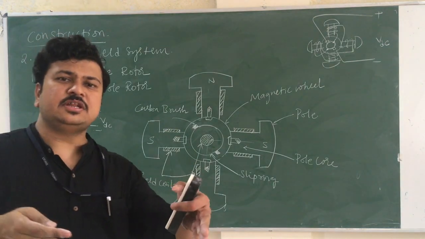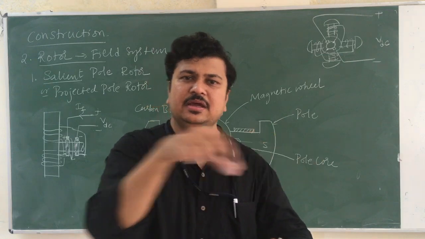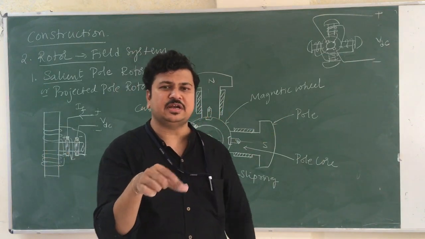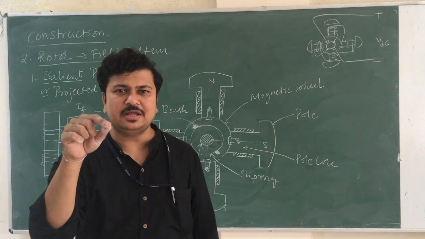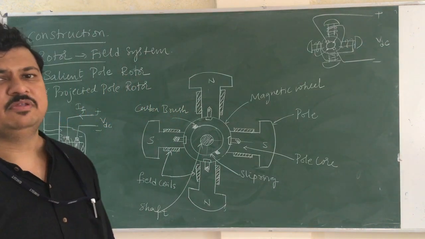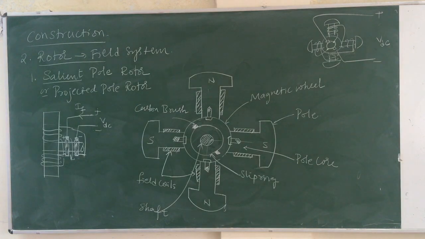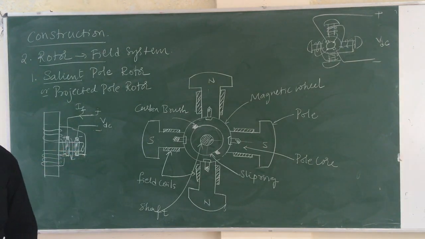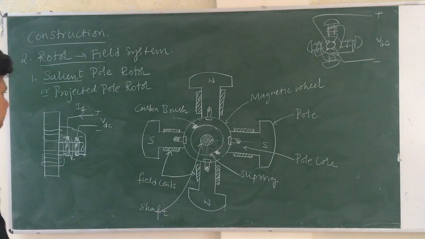The wire is stationary in the rheostat. The material in contact with the wire and the slider is a carbon brush, which is a soft material, so it won't damage the slip rings made of copper. Slip rings are copper, brushes are carbon.